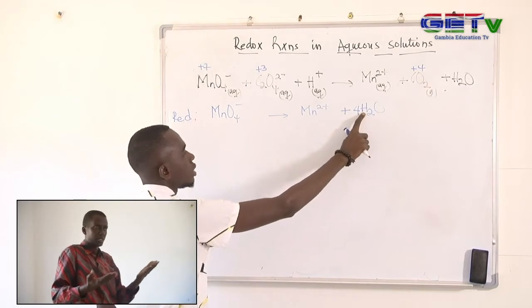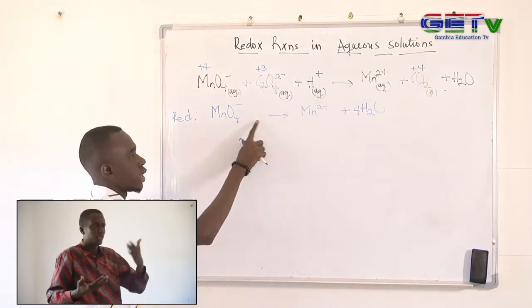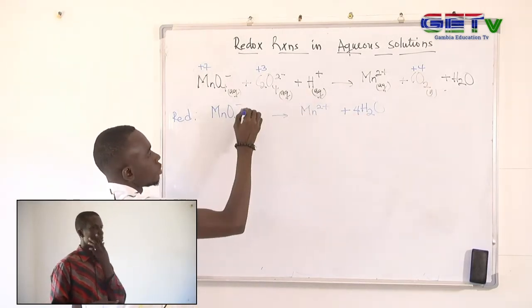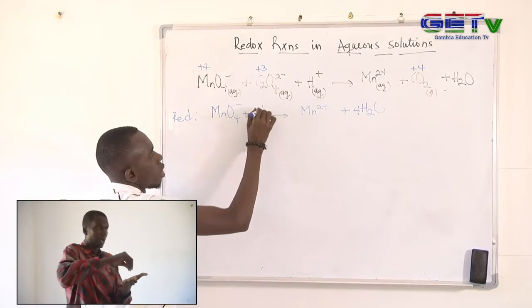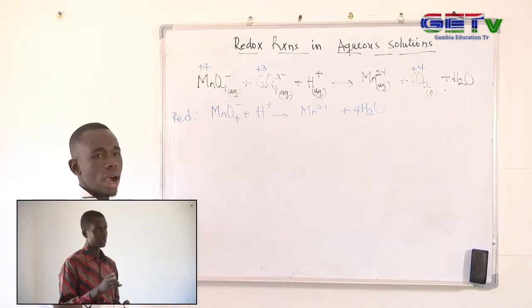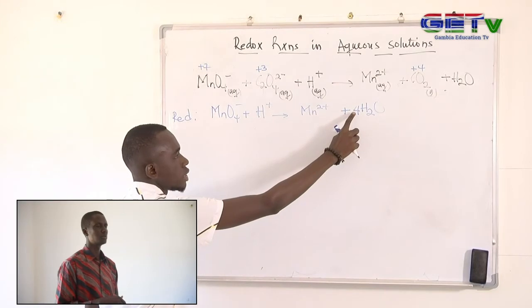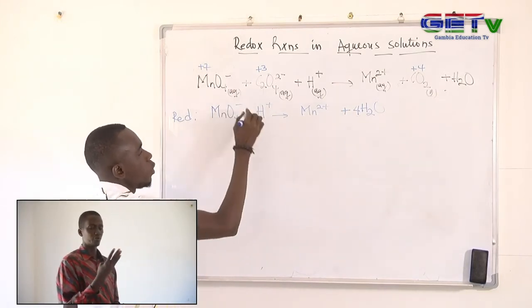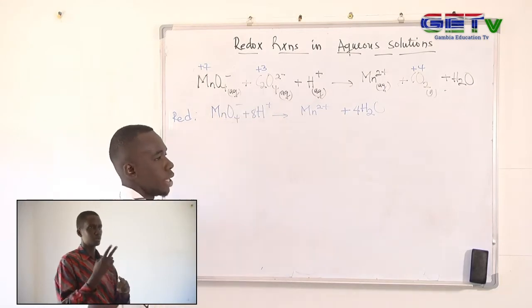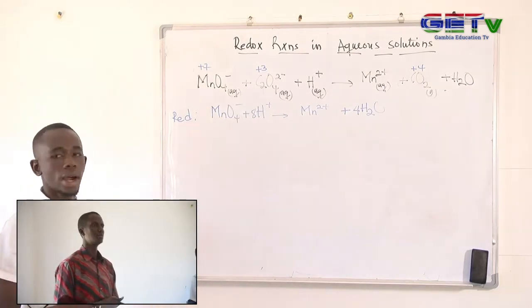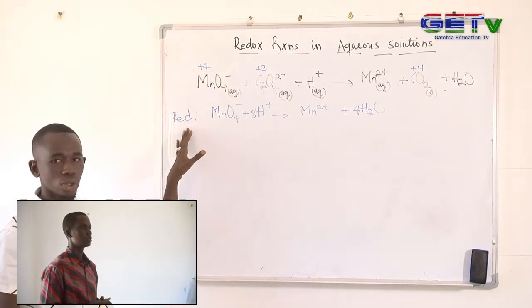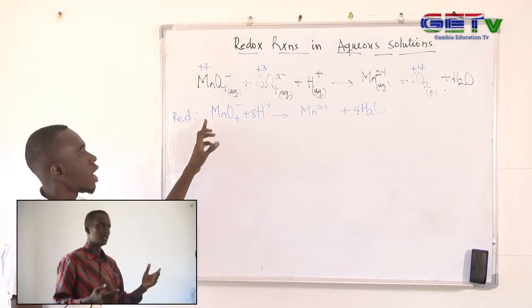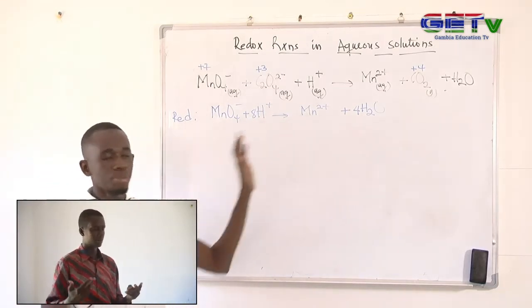There is no hydrogen here, so we can still add hydrogen ions. Hydrogen on this side is 4 times 2, which is 8, and here is 1, which means we add here 8, so that we will have a balanced reduction half reaction. Now in this case, all the atoms are balanced.